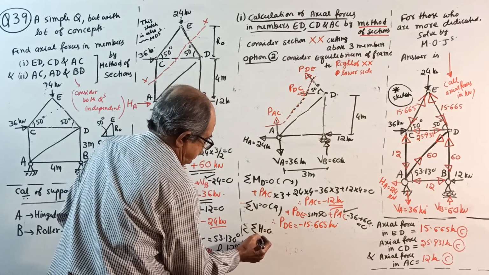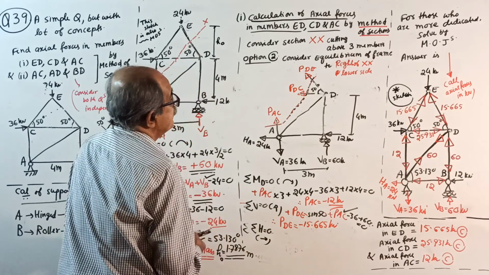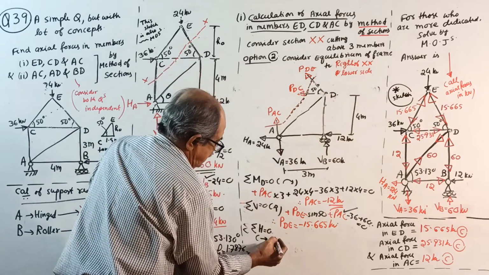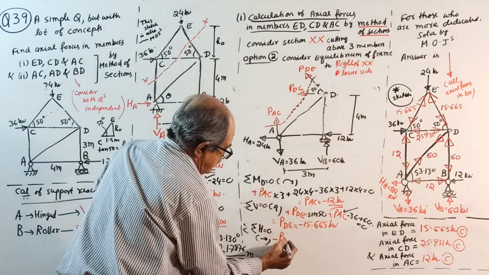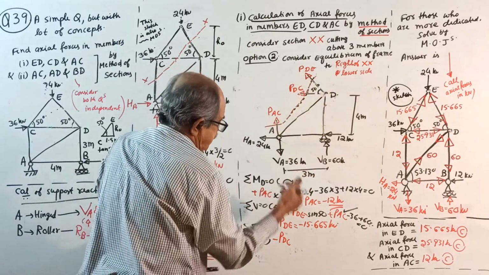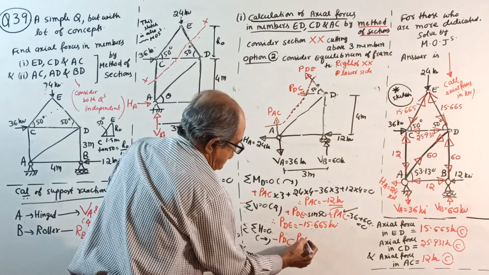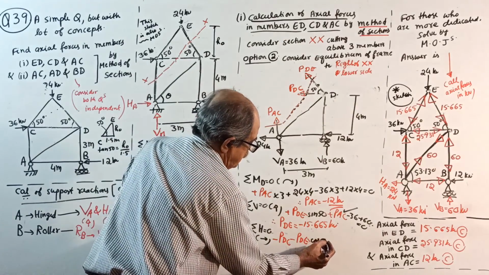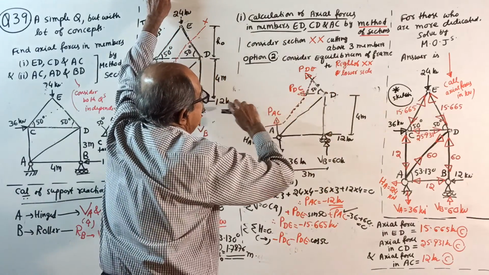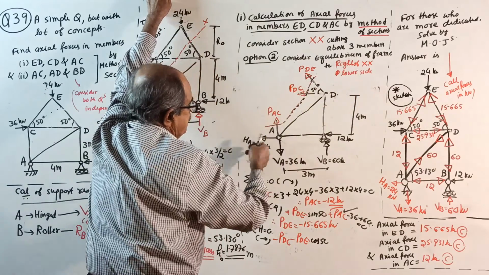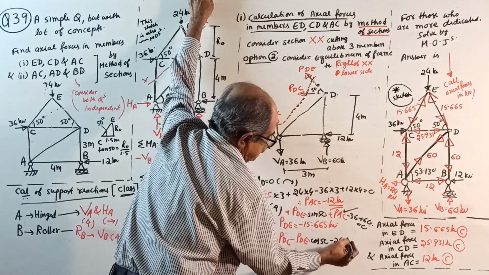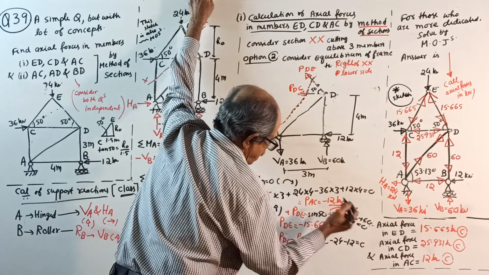Then, lastly, sigma H equal to 0. Take right side positive. See here. Minus PDC minus PDE cos 50 minus 24 minus 12 equal to 0.